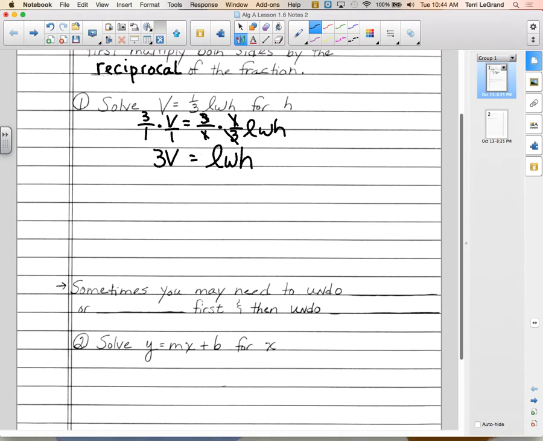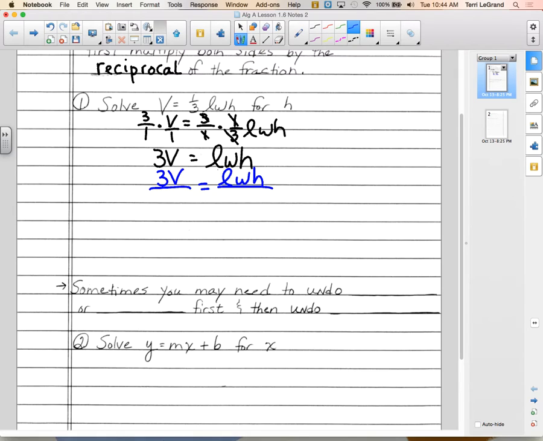Okay, that was the first thing you want to do: get rid of that fraction. Now, this should look like something from yesterday. What do you think we've got to do next to get H alone? Divide both sides by LW, because H is being multiplied by LW. So to undo multiplying, we can divide. We're going to write it again. We're not going to do it in that same step because otherwise, especially in these, it gets really confusing what you were doing.